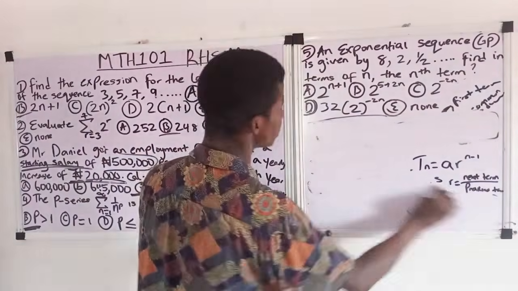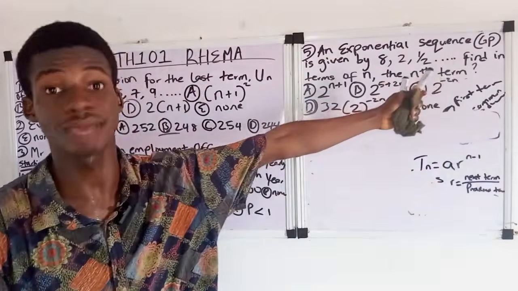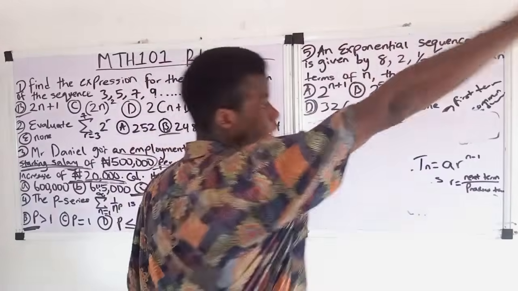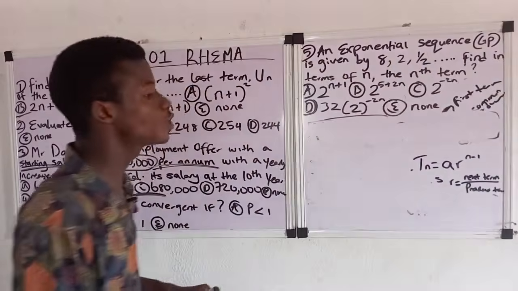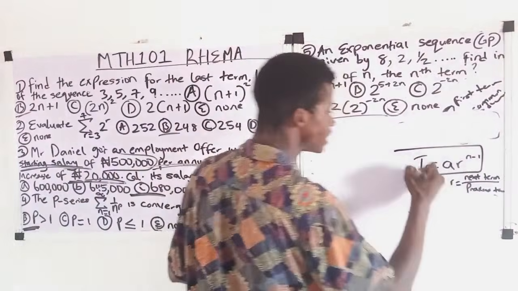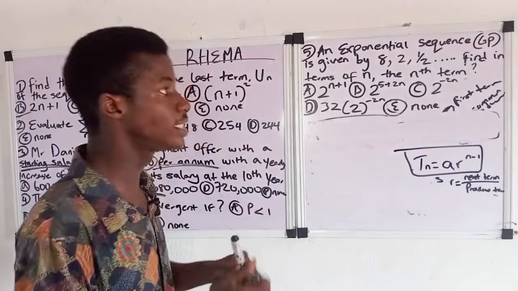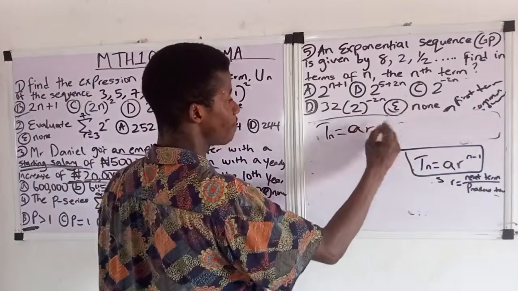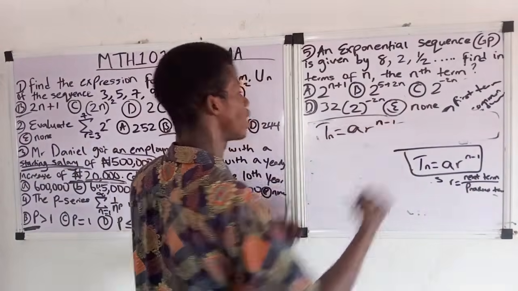Now in question 5, they said an exponential sequence, which is known as the GP, a geometric progression, is given by 8, 2, half, and so on. Find in terms of n the nth term. This is the formula to calculate the nth term of a GP: the first term multiplied by the common ratio raised to the power of the term number minus 1.